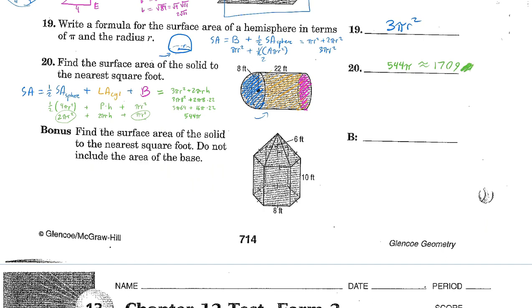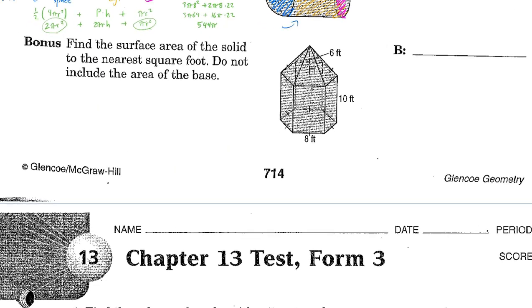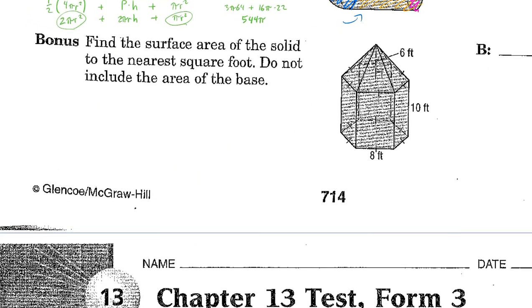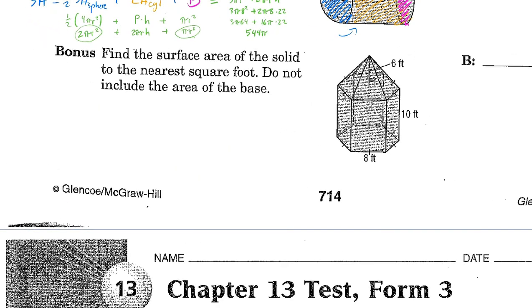All right, next one. Find the surface area of the solid to the nearest square foot. So this is really the very same as the last thing, except instead of a circle, it's got a regular polygon. So the surface area, again, is the lateral area of the pyramid on top, plus the lateral area of the prism, and then plus the one base.